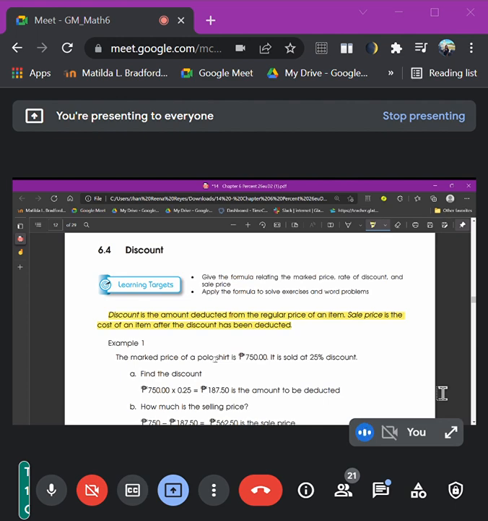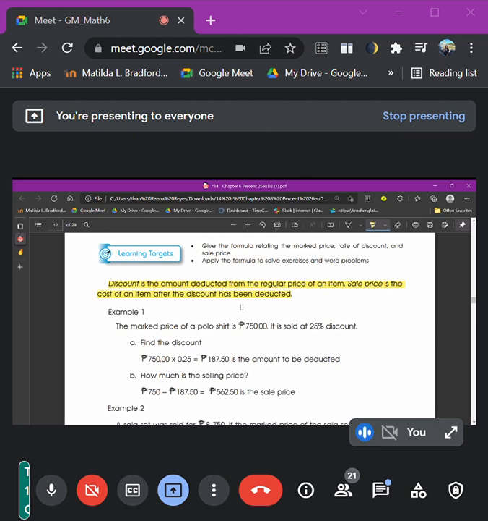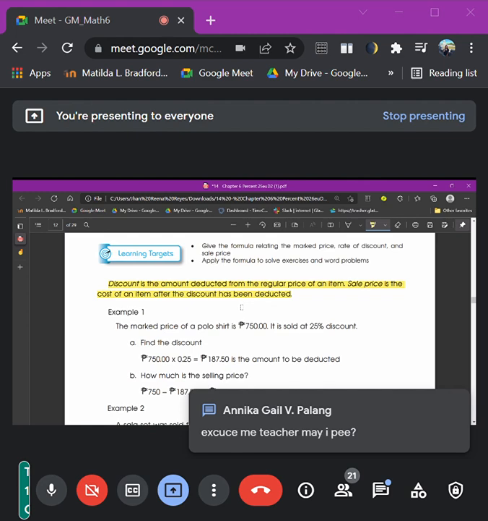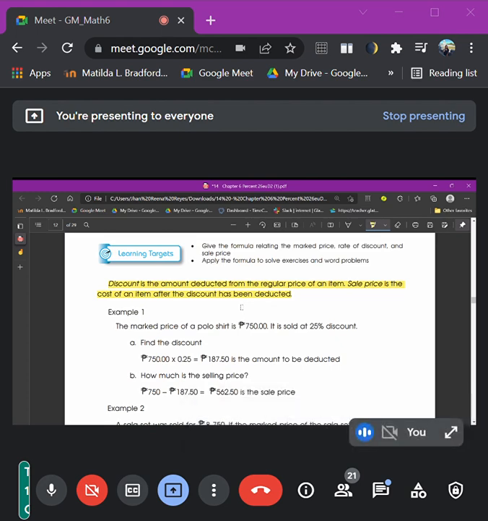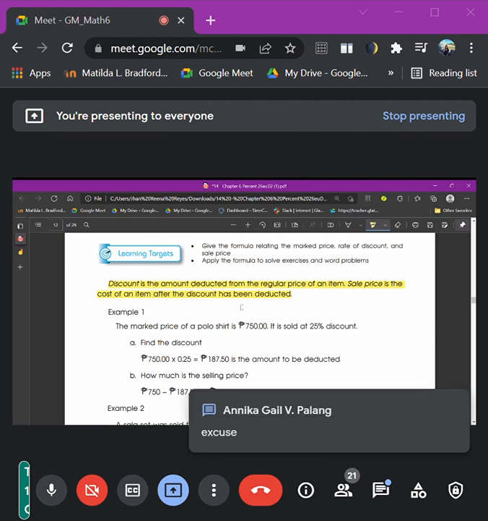Okay. Oh, si polo shirt. Pudang example dere. So, we have here example number 1. The marked price of a polo shirt is 750 pesos. It is sold at 25% discount. So, ang atong buhaton class, ang ma-apply ani niya class is katong first nato nga application.